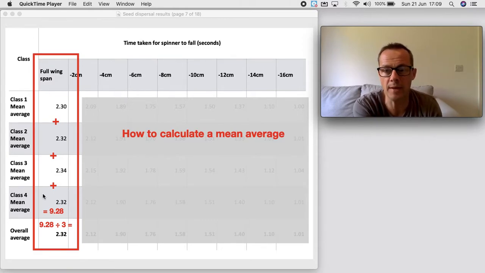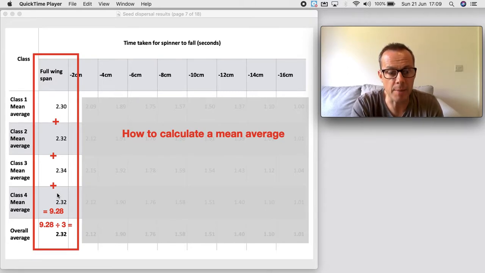So we take all of our values. So here we've got 4 values, and we add them together. So if you look here, we've got 2.3, add 2.32, add 2.34, add 2.32. That equals 9.28. Now, to get a mean average for that, we then need to divide that number by the number of values.